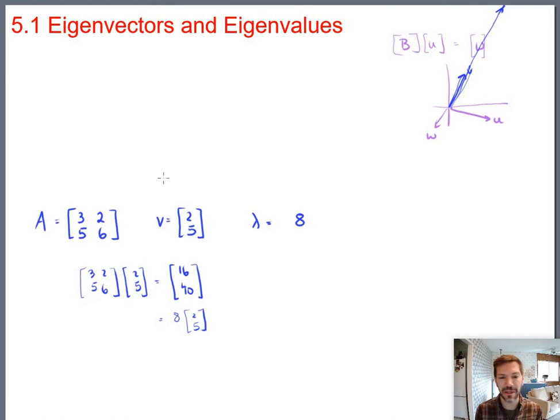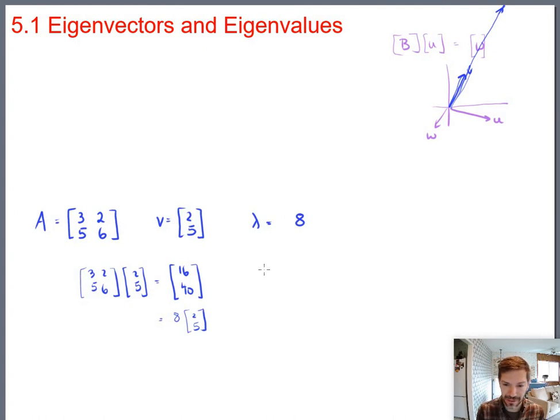A doesn't do that to every vector, by the way. [2, 5] is special. A will take other vectors and swing them around and put them in different directions. But V in particular, when you multiply it by A, comes out the same as multiplying by 8.